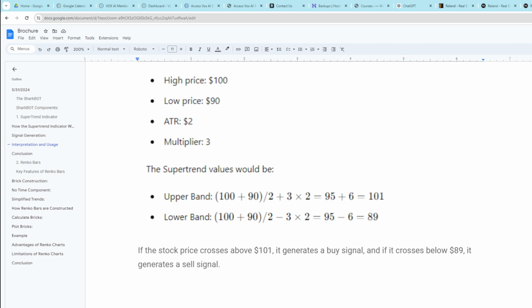So if the stock price crosses above 101, it generates a buy signal. If it crosses below 89, it generates a sell signal. Oftentimes, a lot of traders wait for the pullback, and I will show you what a pullback looks like.